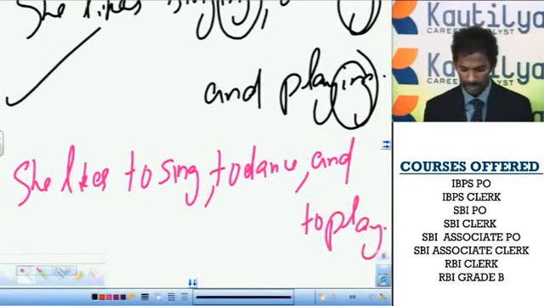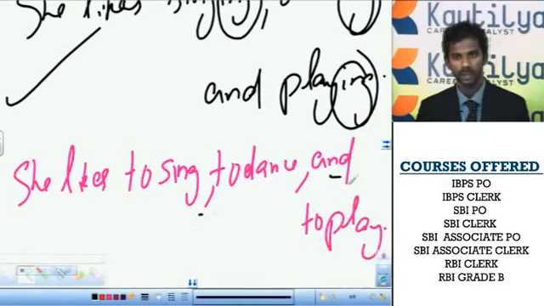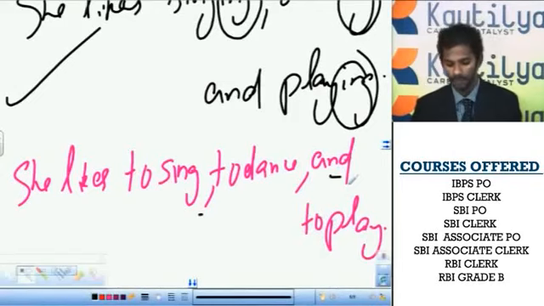There are 3 ideas in this sentence shown by the comma and. Right? To sing is one idea, then to dance, then to play. There are 3 ideas here. And all the 3 ideas in this are in the similar form. To sing is infinitive, to plus verb. To dance is also infinitive, to plus verb. To play is also infinitive, to plus verb. So there are 3 ideas in this sentence. All the 3 ideas expressed in a similar form.